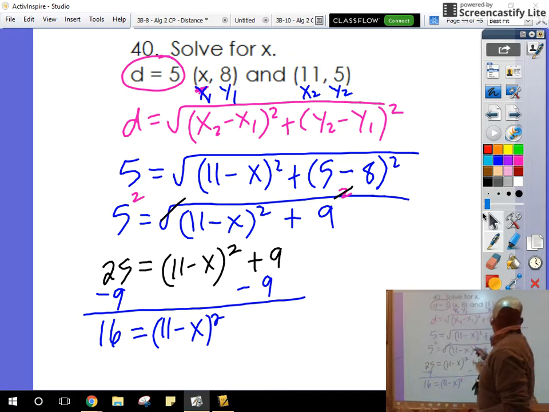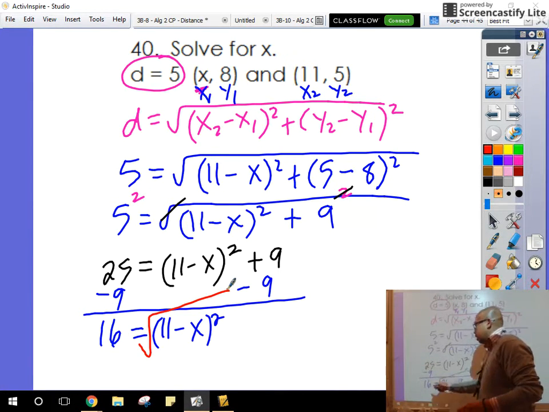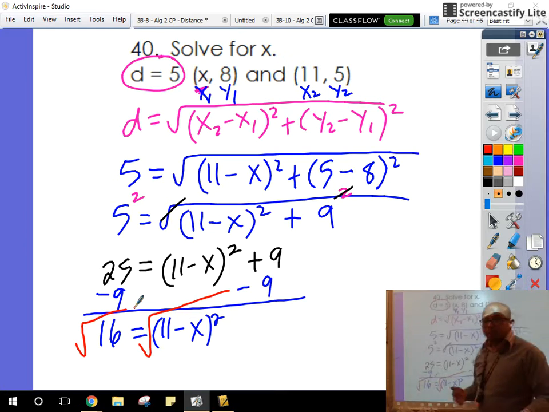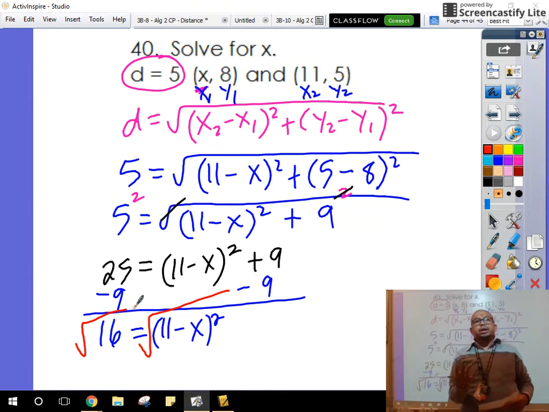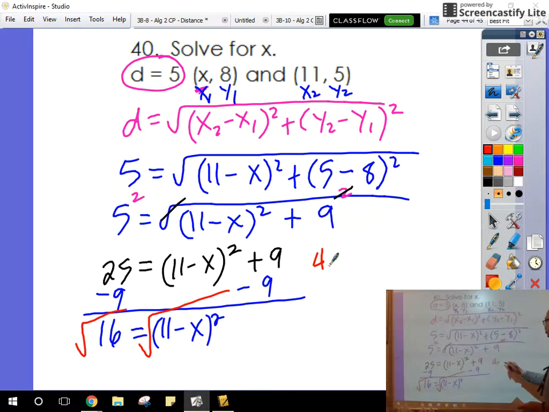Now from here, you have to take the square root. What's the square root of 16? Remember, there are two answers here. One is positive, one is negative. So 4 and negative 4 equals 11 minus x.